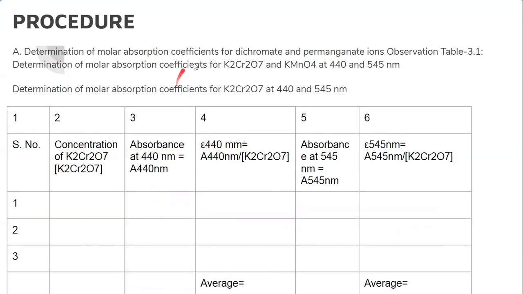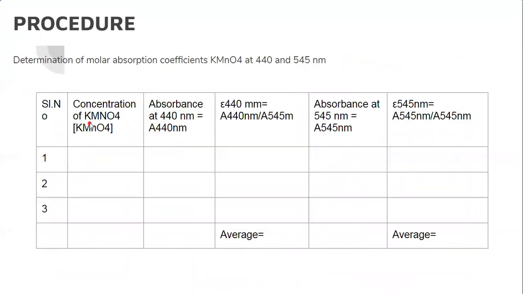According to the Beer-Lambert law, absorbance A is equal to epsilon into C into L, where L is constant. By using this formula, we can find the molar absorption coefficient at 440 nanometers as well as 545 nanometers of potassium dichromate as well as potassium permanganate. So this is step 1.